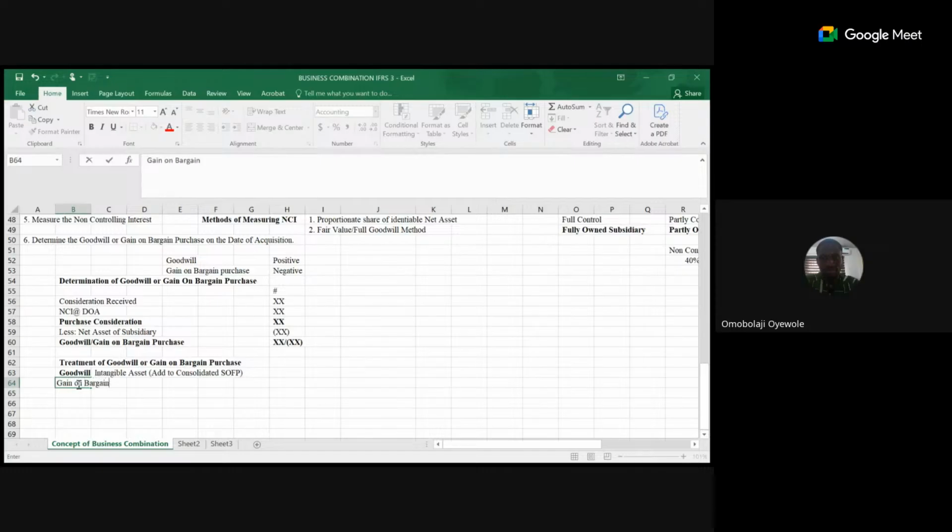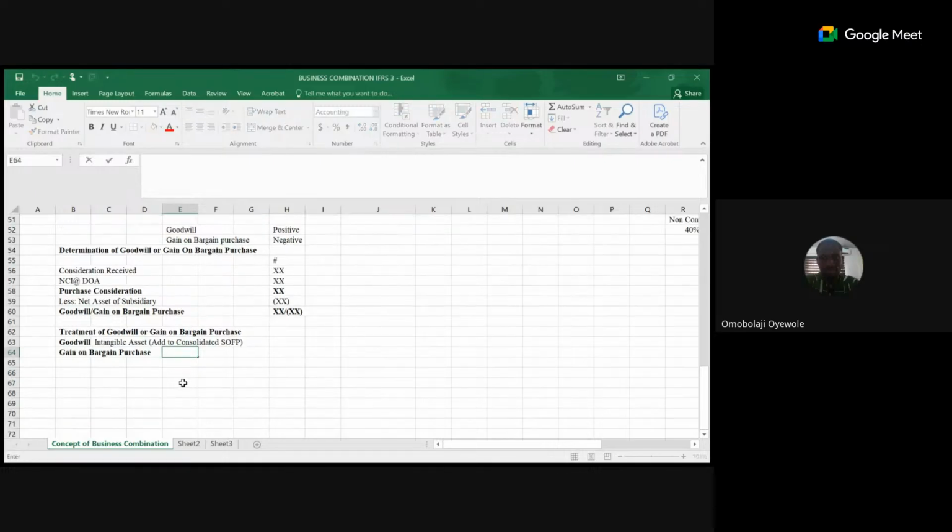Now, the next one, gain on bargain purchase. Now, gain on bargain purchase simply means negative goodwill. So it means that goodwill can either be positive or goodwill can be what? Negative. So if goodwill is positive, positive goodwill means intangible assets, like I have said.